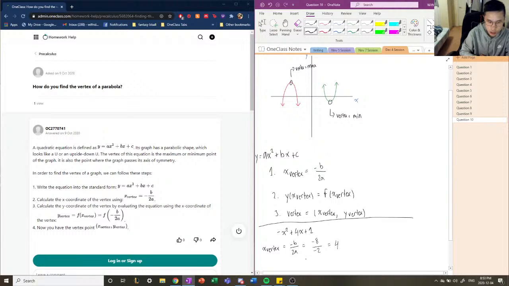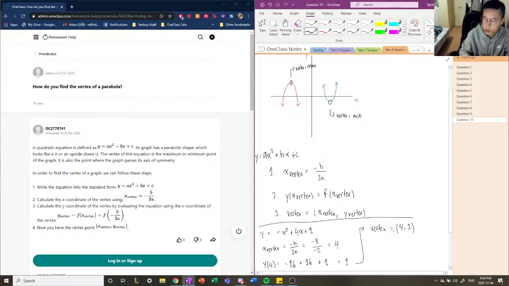So now we're going to plug y of 4 into our equation here. That's going to be negative 16 plus 16 plus 1, so that equals 1. So our vertex is 4 and 1.